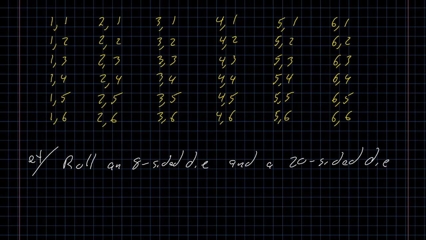If I roll an 8-sided die and a 20-sided die, there are 8 different things that can happen when I roll an 8-sided die. There are 20 different things that can happen when I roll a 20-sided die. And if I multiply 8 times 20, I get that there are 160 different possible outcomes for this experiment.